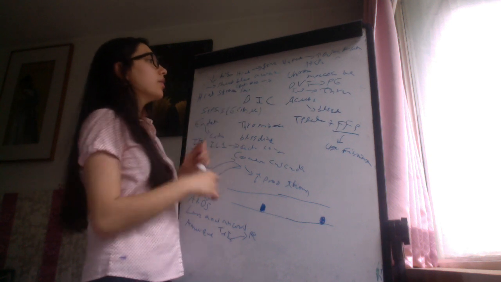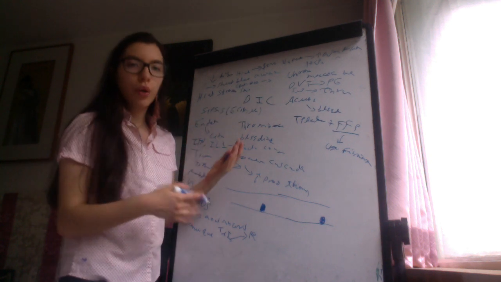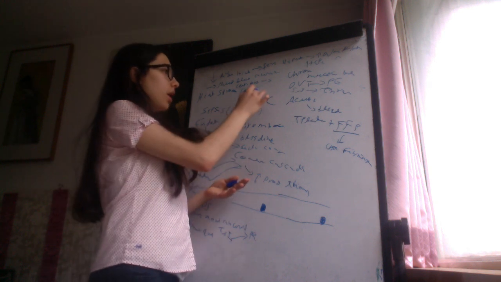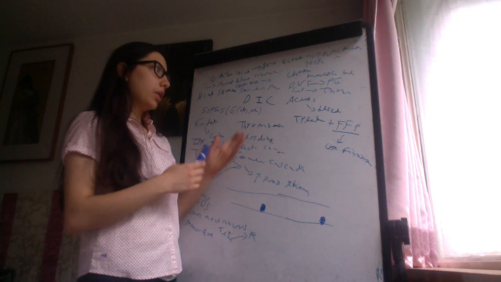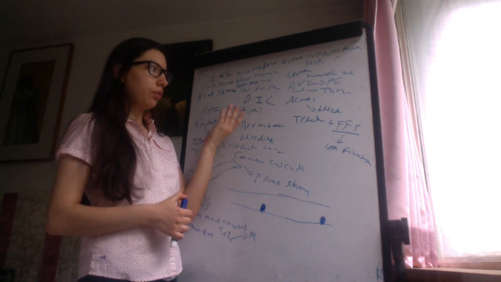And so the skin is receiving a lot of blood, and this would release tissue factor. And so there would be activation of the coagulation cascade and it would lead to disseminated intravascular coagulopathy.